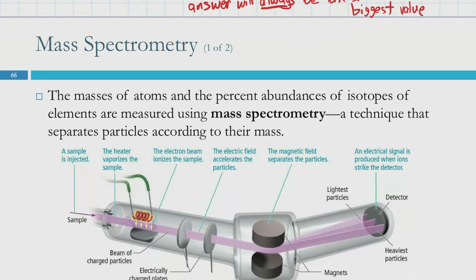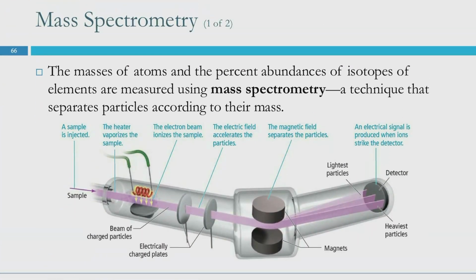Moving into some new material, mass spectrometry is a tool that is used to determine the mass of atoms, and you can also use it to determine the percent abundance of isotopes. The mass spectrometer that we're looking at here on this screen looks like a magnetic sector mass spectrometer to me.